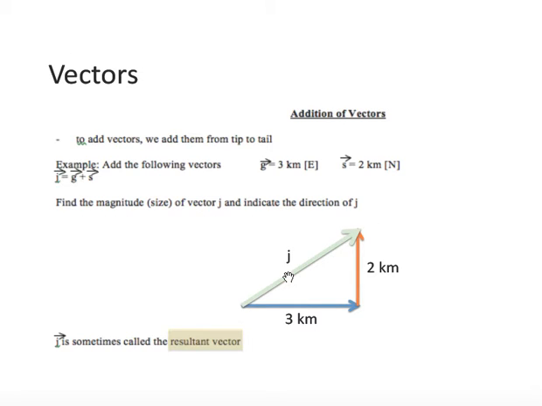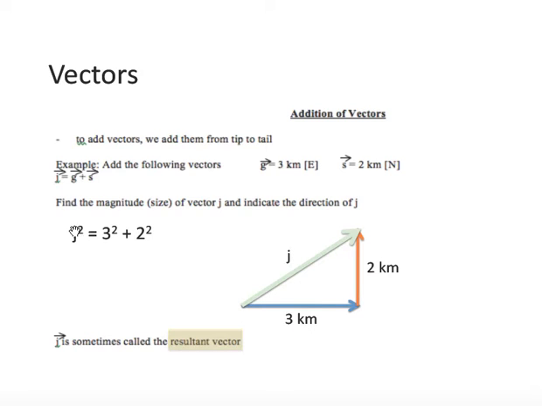And so how do we actually determine the length of this vector? Well, if you were using a scale diagram, it'd be very simple. You would just measure the length and convert it with a scale. But what if you didn't use a scale diagram? Well, we're going to use Pythagorean theorem. Hypotenuse squared equals side squared plus side squared.